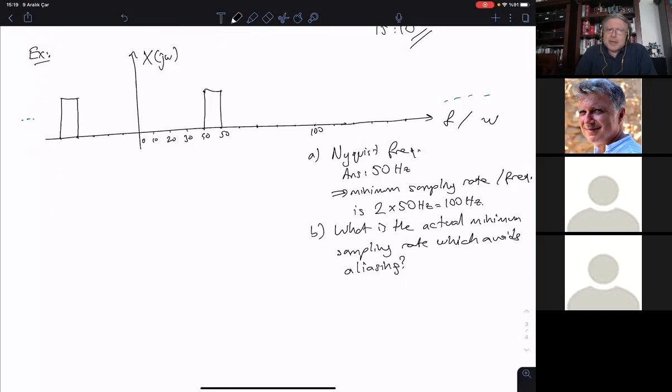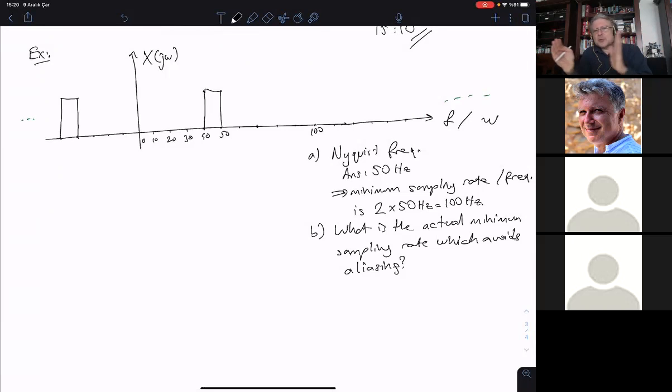It is possible to avoid overlap, but you have to be careful. It may be one to the right, it doesn't overlap, but two to the right and one to the left, they may start overlapping. So you have to be careful about making infinitely many replicas of these two rectangular blocks here that are centered around the origin and appearing at 40 to 50 hertz.